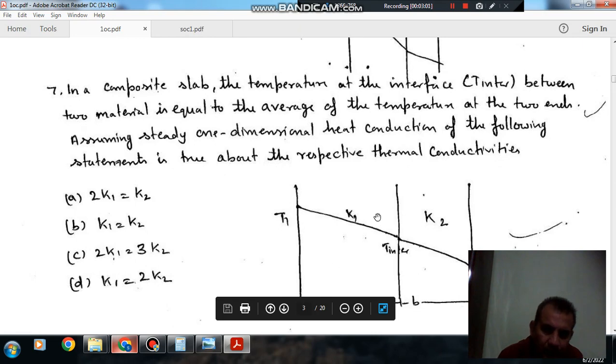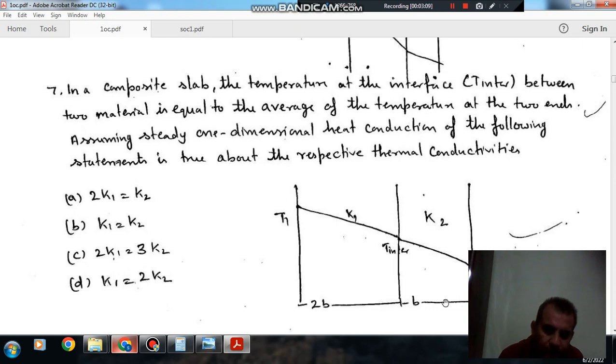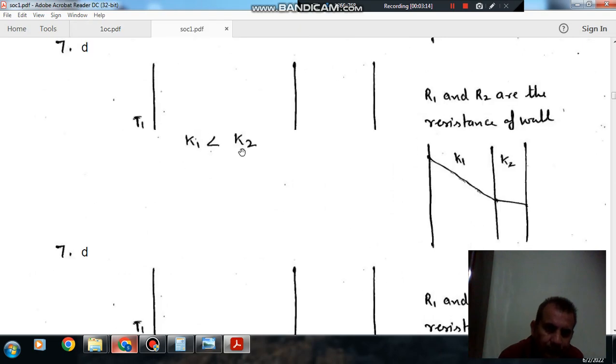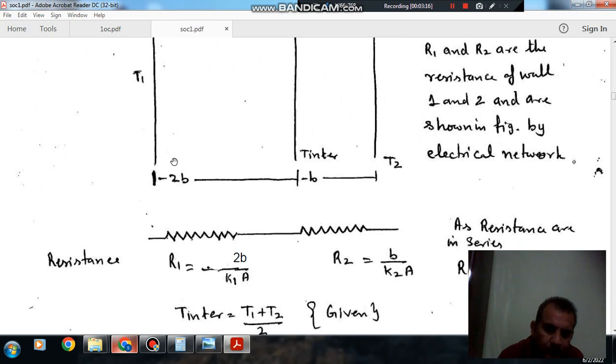So this is your T1 temperature, this is the T inter temperature, this is the T2 temperature, this is K1 and this is K2, and this is 2B, this is B. This is the given condition. As these are two walls in series, their resistances will be added.